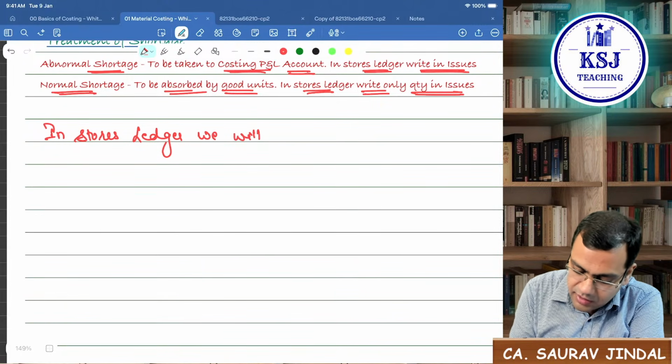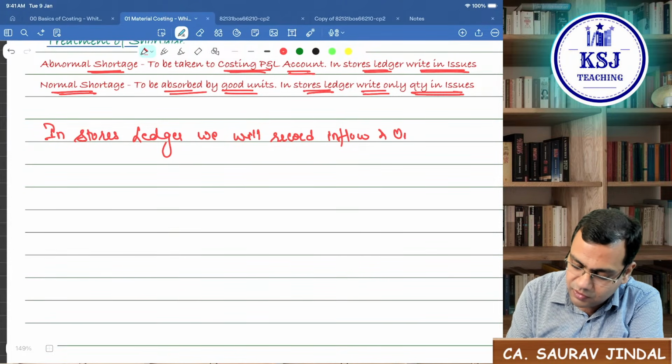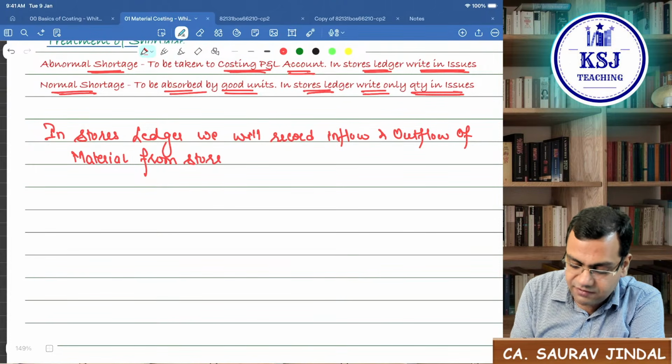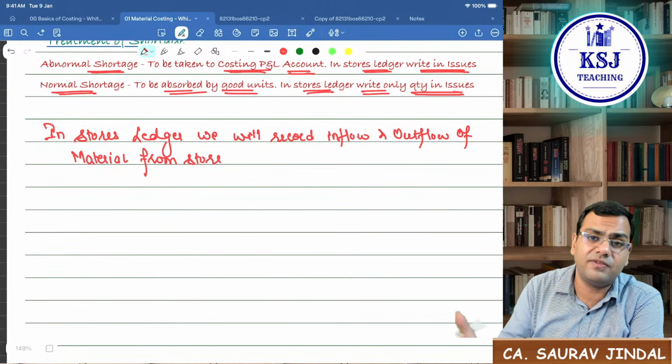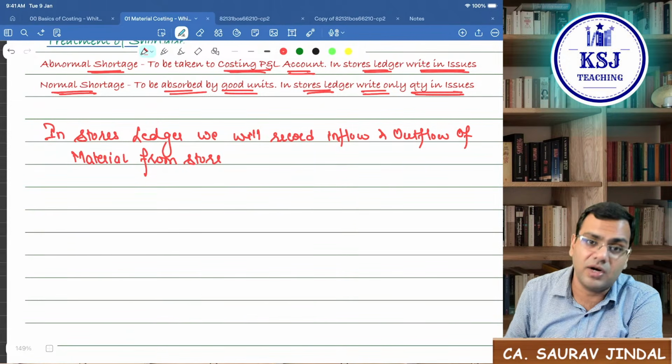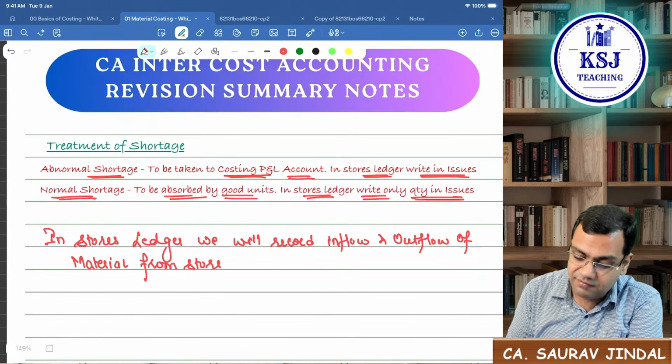So if there is a transfer of material from one job to another job, it will not be recorded. Be very careful.